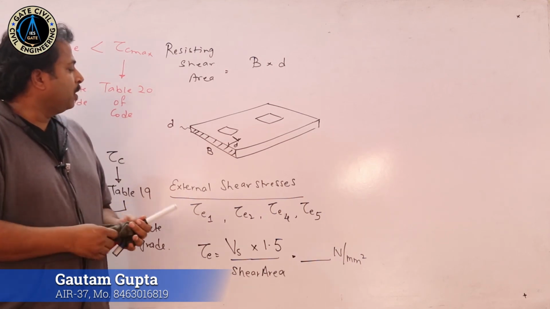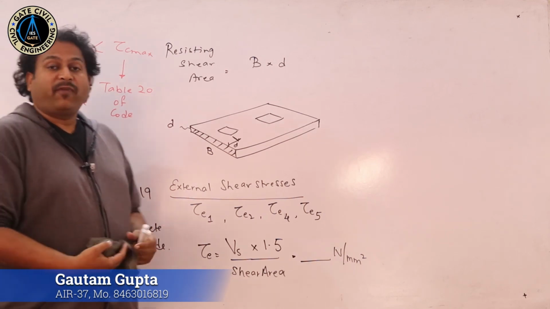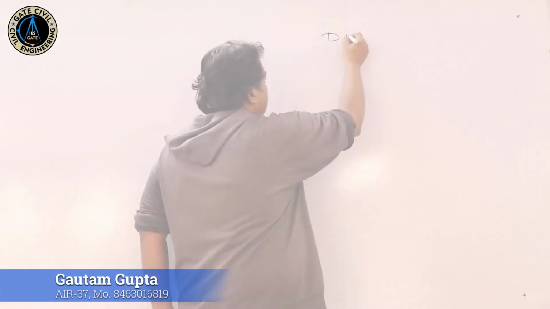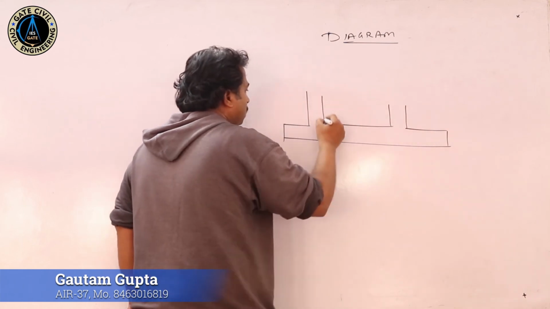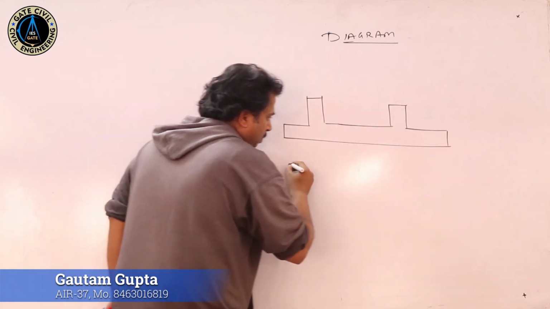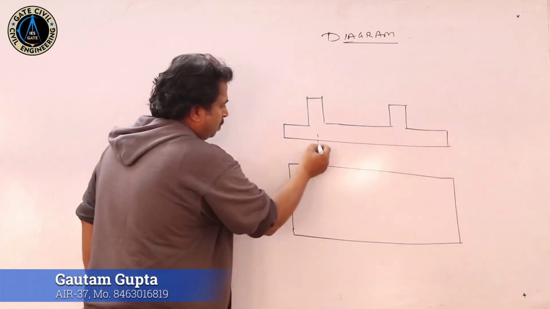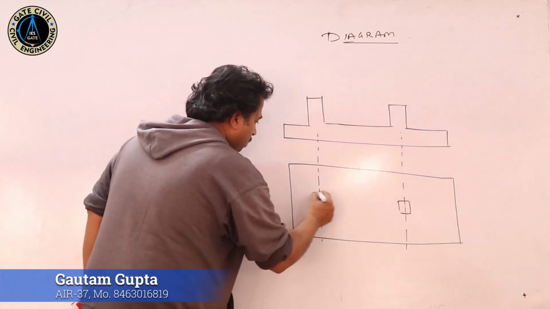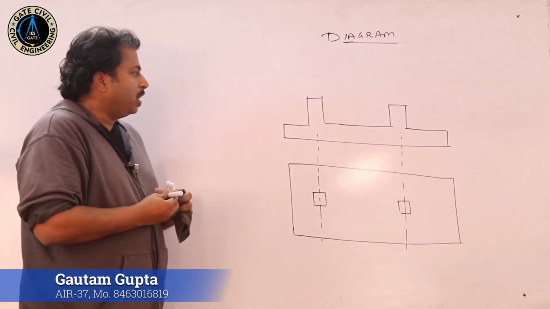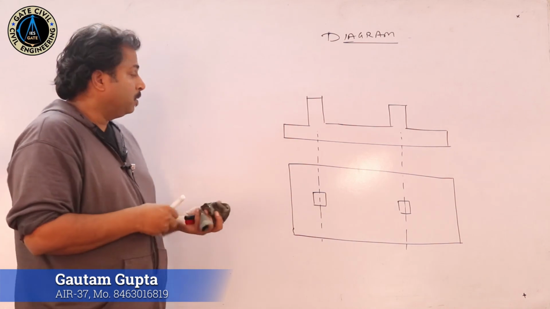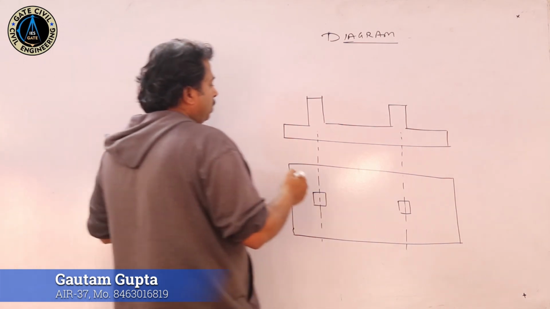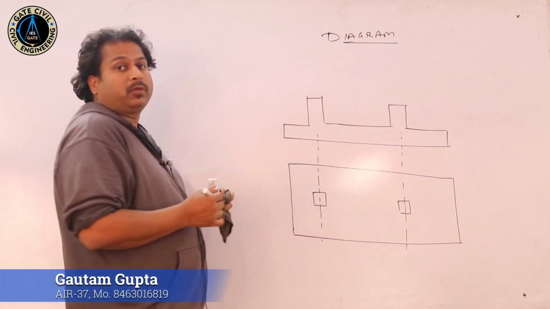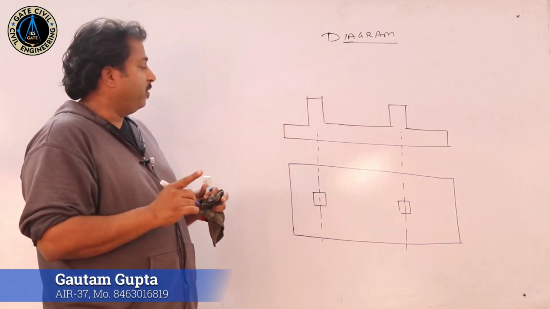Now, coming on to the final diagram. This is the elementary profile of the foundation. We have calculated three areas of steel, that is AST1, AST3 and AST5.